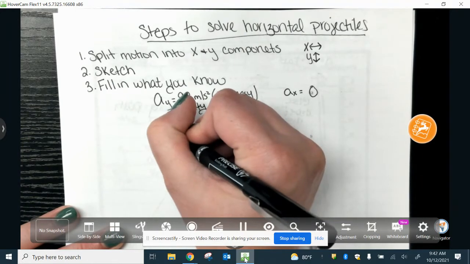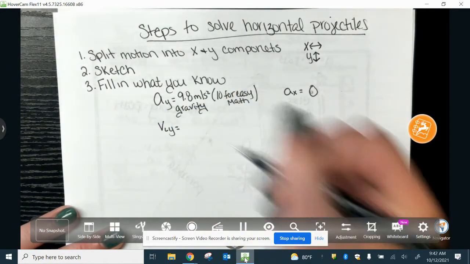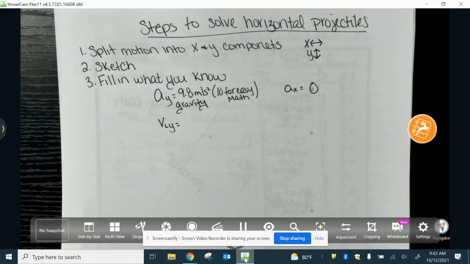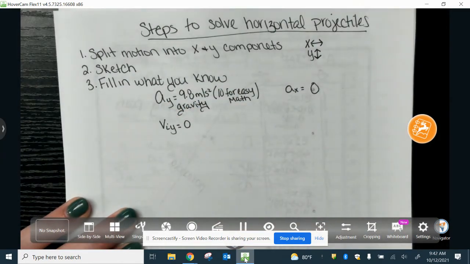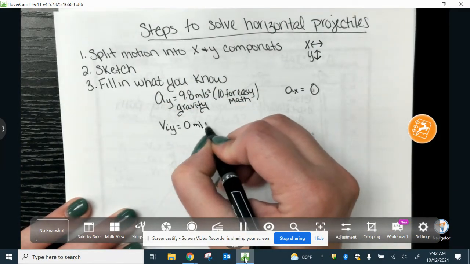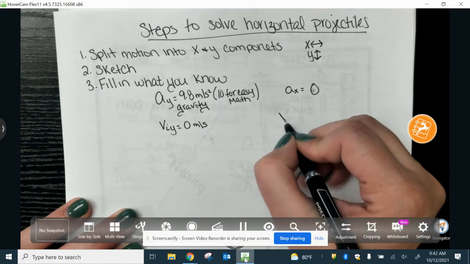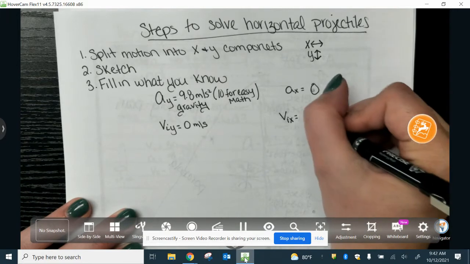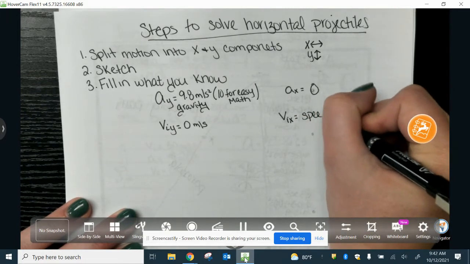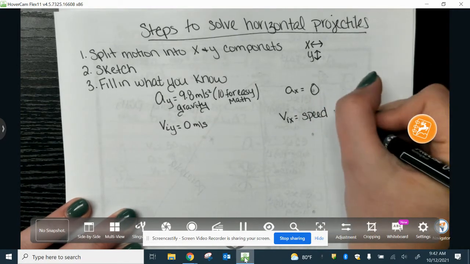My initial velocity of something before I drop it is what? 0. Before I drop my pen, it's not going anywhere. My initial velocity in my x direction is going to be whatever the speed it's thrown at or launched.